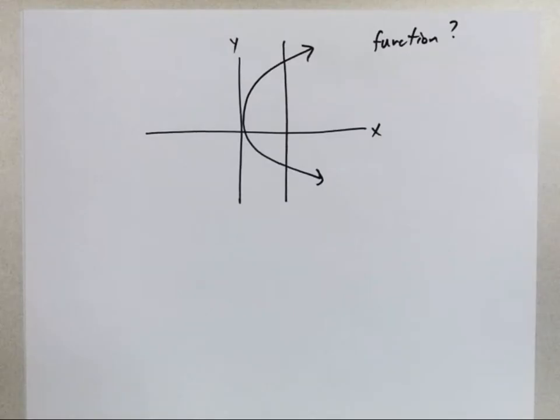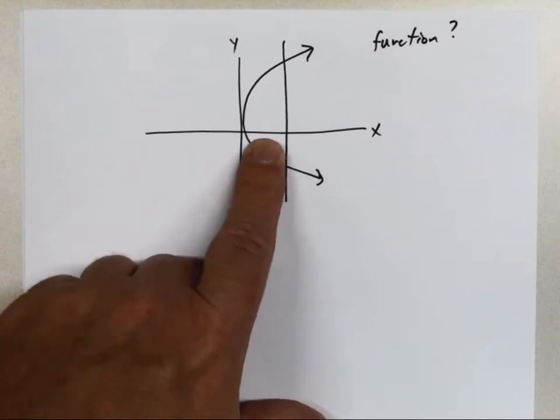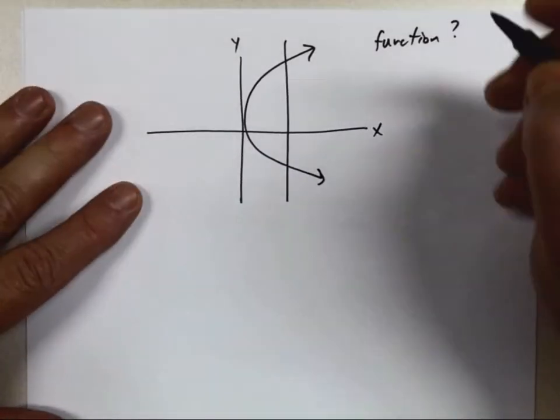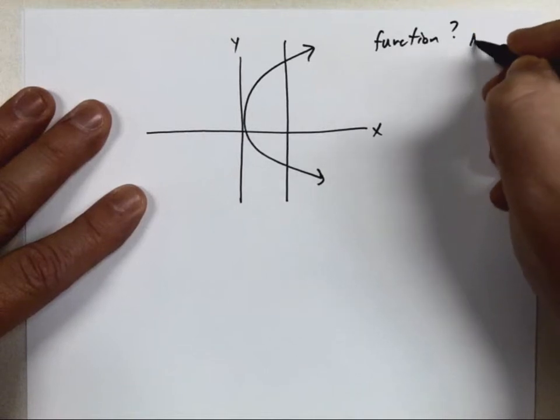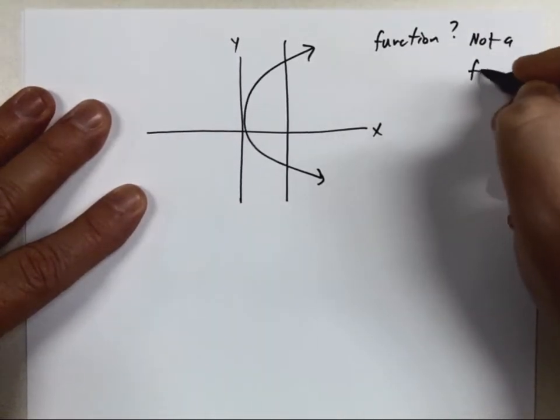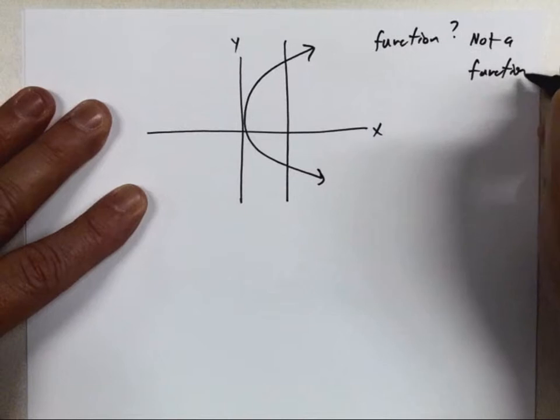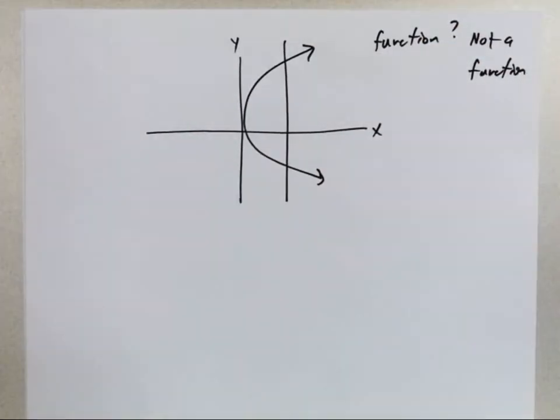All right, vertical line test. Can I draw a vertical line that crosses the graph twice? I just did. So this graph is not a function.